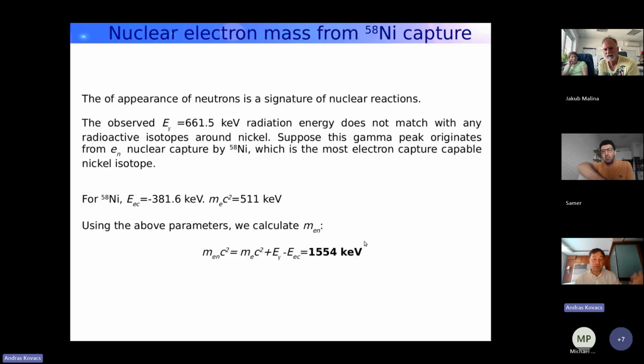Yes, because we don't take just the mass of the electron, we have to add to the proton this 1554 exactly. So you would explain the negative mass deficit by this nuclear electron being much heavier? Exactly. It's approximately 3 times heavier than a normal electron.